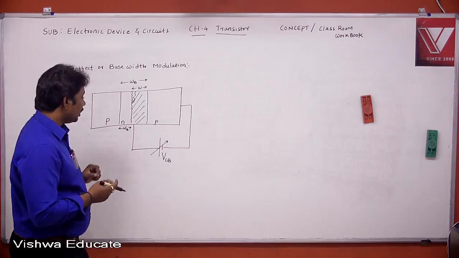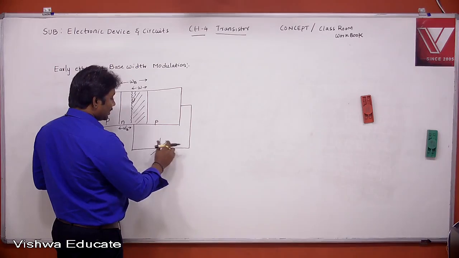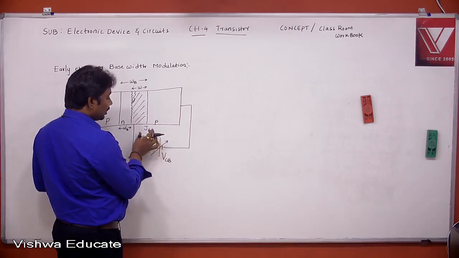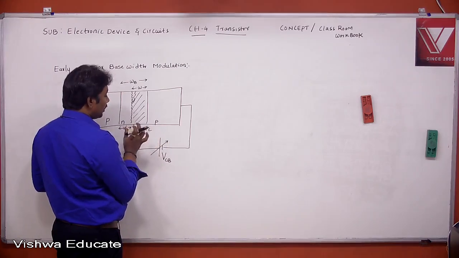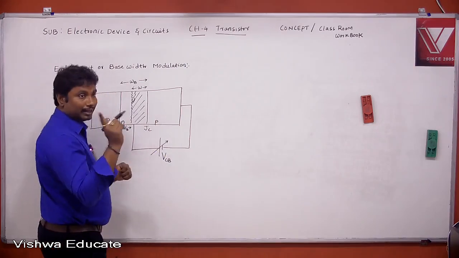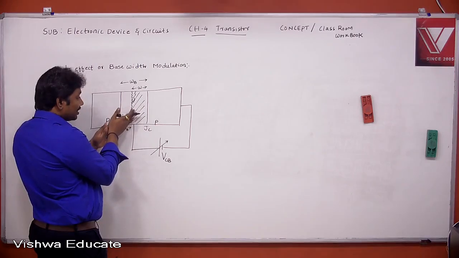See all of you, when the reverse voltage is increased at the collector junction, what happens actually? The depletion region is increased. You know that the increasing depletion region penetrates into which side?